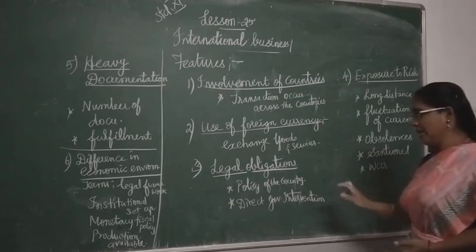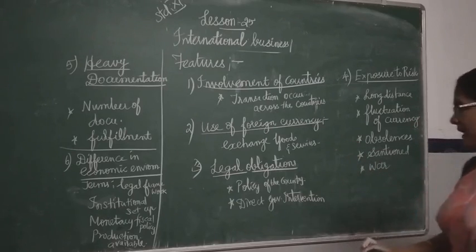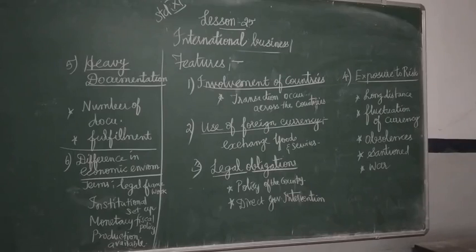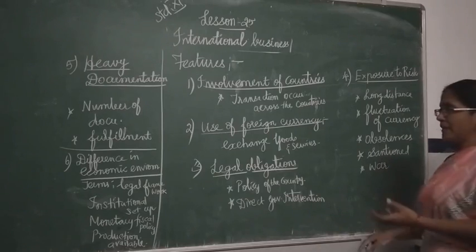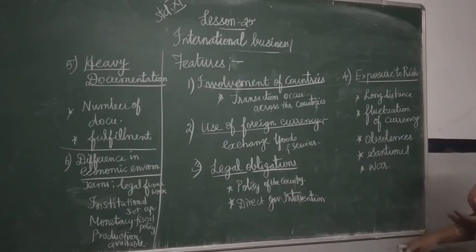Then, legal obligations. Foreign trade is conducted strictly in accordance with the export policy and import policy of the country concerned. The consent of the government of that particular country is mandatory for the export and import of certain goods and services.